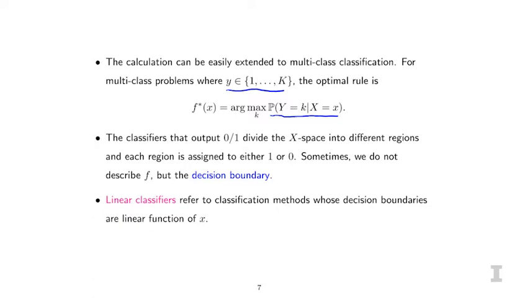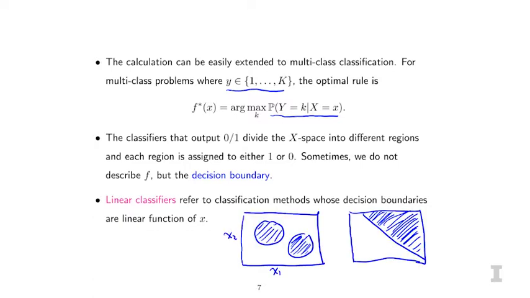Before closing the introduction section, I want to introduce some jargon. Here, our classifiers are defined to be functions that take a p-dimensional feature vector x and output two labels, 0 or 1. So sometimes it's very intuitive to look at the x space and see which regions f of x will be 1 and which regions will be 0.